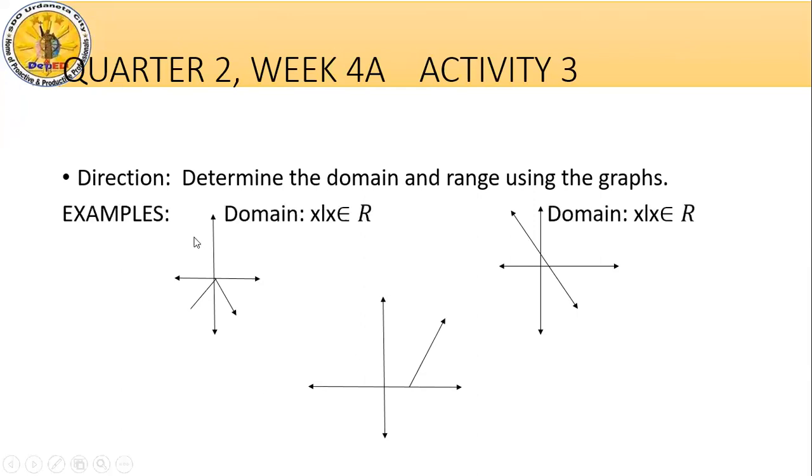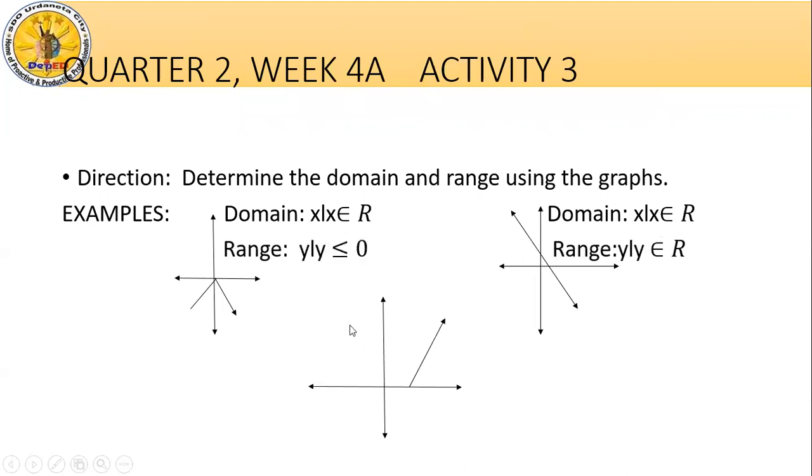For example, in the first graph, our domain here is any set of real numbers, because our x passes through the negative, the 0, and the positive. In the second example, the domain is also an element of real numbers because our x passes through negative, 0, and positive.